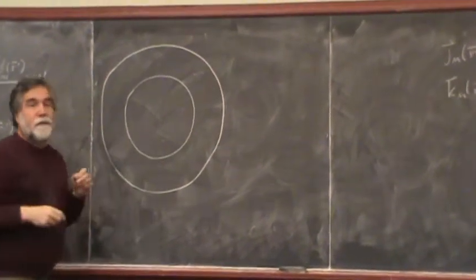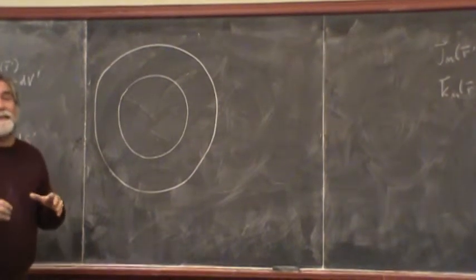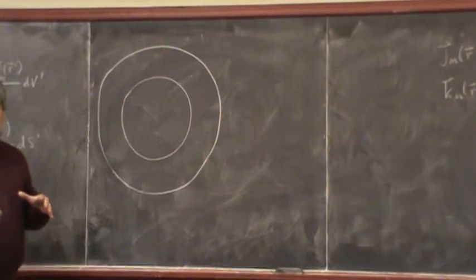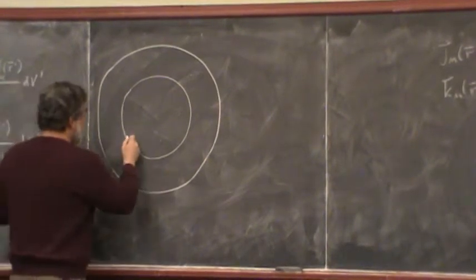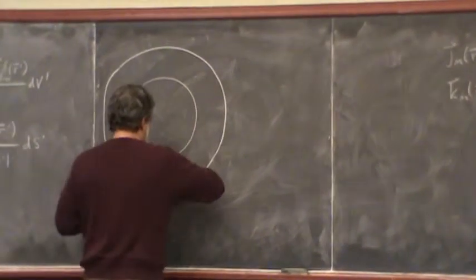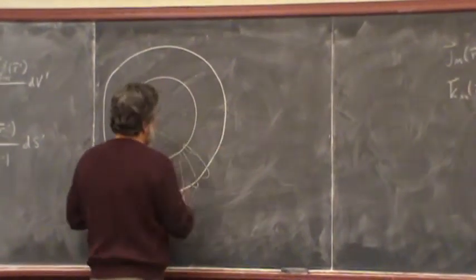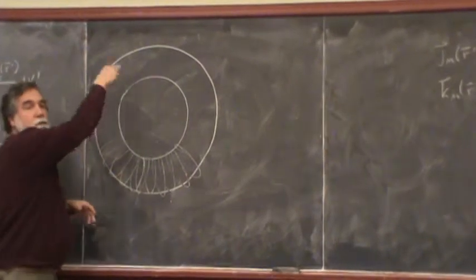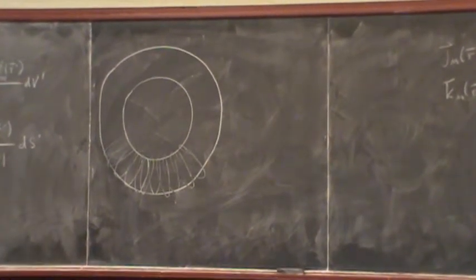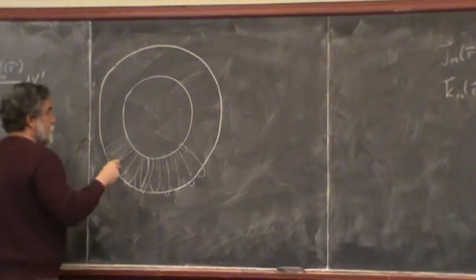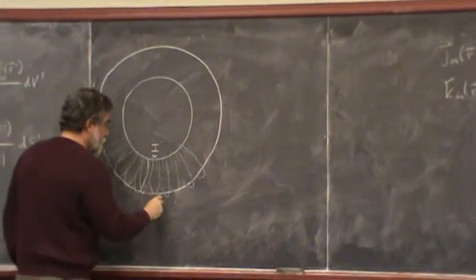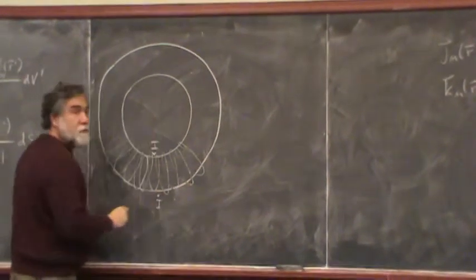It's only really neat in approximation, but the approximation is a very good one. So you have a coil, and I won't draw them all, a wire that just goes around like that. I'm going to drive current through this wire so that in here the current flows in, and out here the current flows out.